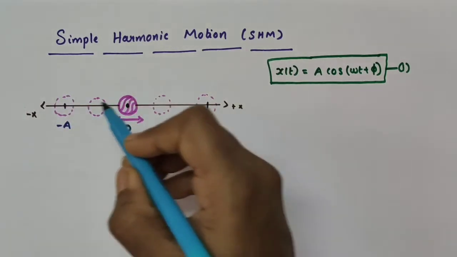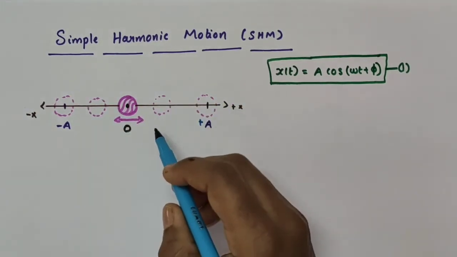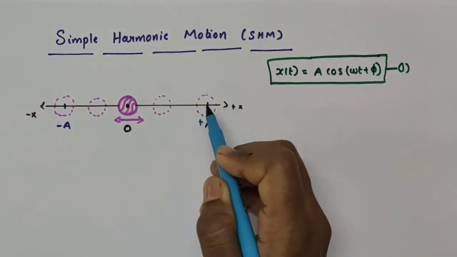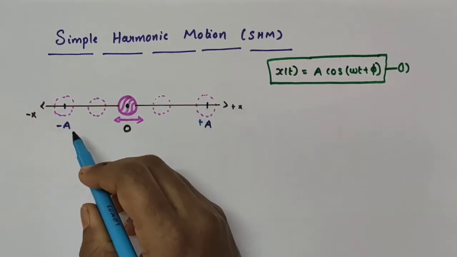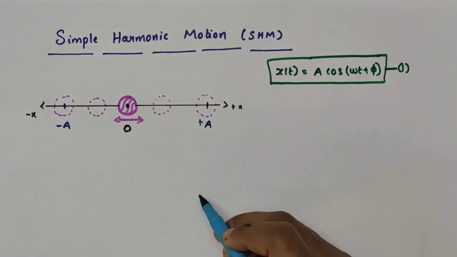The particle will oscillate and reach a maximum at these two points, plus A and minus A. It won't go beyond these two points.